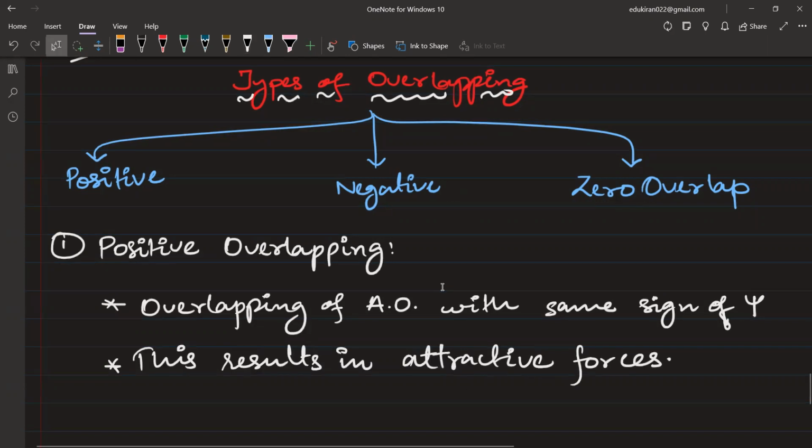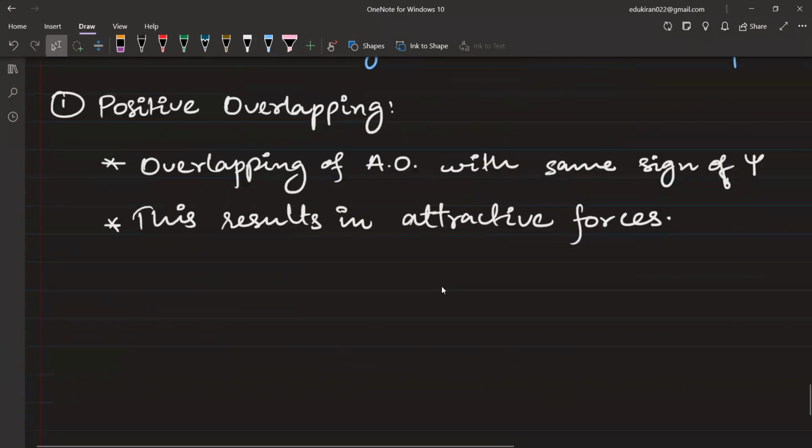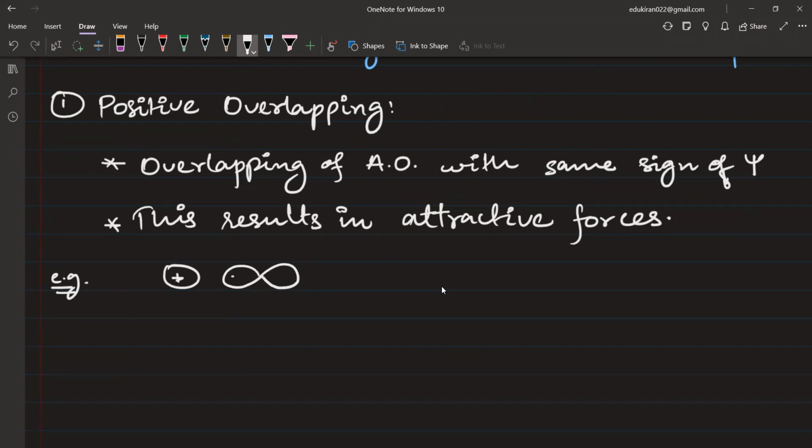For example, आप हम कुछ example दे देते हैं positive overlapping का. For example, you have the s orbital with a positive phase, and you have a p orbital with this positive phase, and here we have a negative phase, and both of these are interacting in this order.